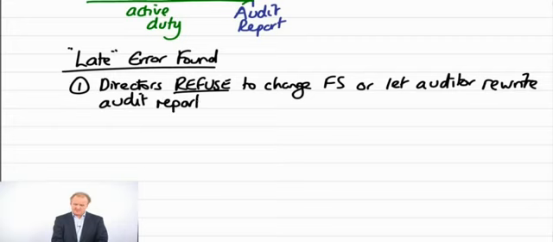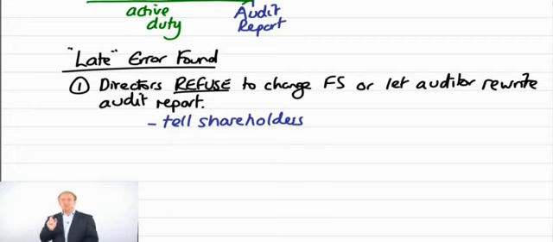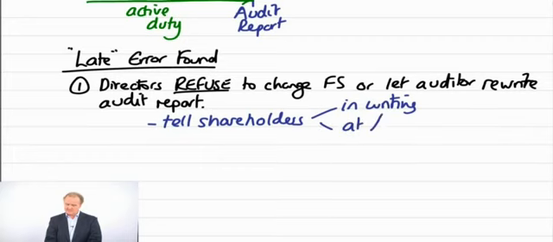Because if they refuse to let that happen, the accounts are wrong, but your audit report says they are right. But you've got no way of changing the audit report. So, not complicated, you've got to tell the shareholders about this. You can't do it in the audit report, so you tell them either in writing or at the AGM.